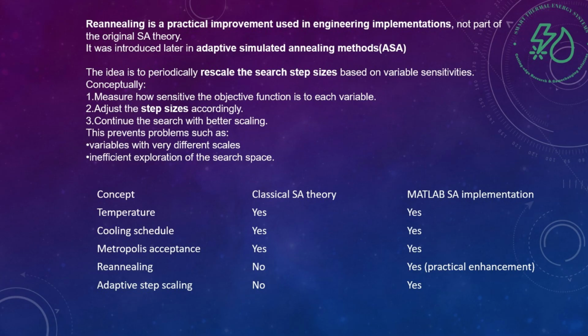Here we have a table with different concepts: temperature, cooling schedule, Metropolis acceptance, reannealing, adaptive step scaling. We can see that for the classical SA theory the first three are yes, and reannealing and adaptive step scaling are no. These are the capabilities and features that have been added to adaptive simulated annealing, which we have as a function inside the MATLAB software.